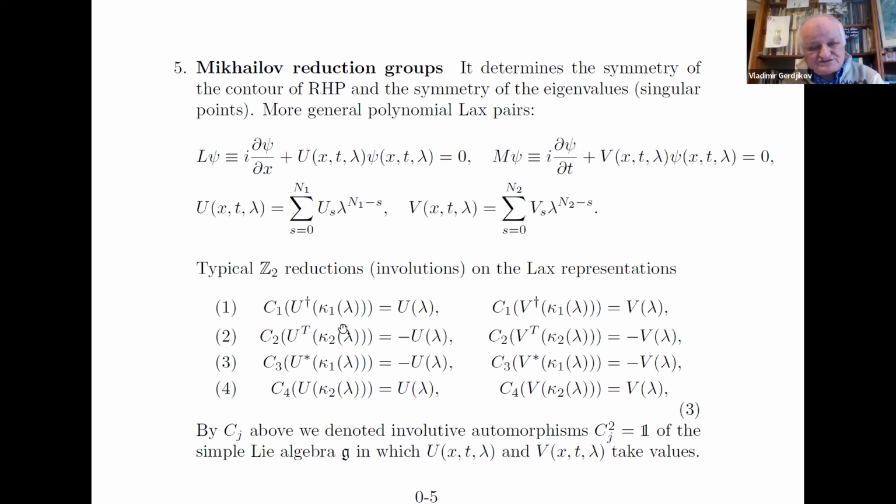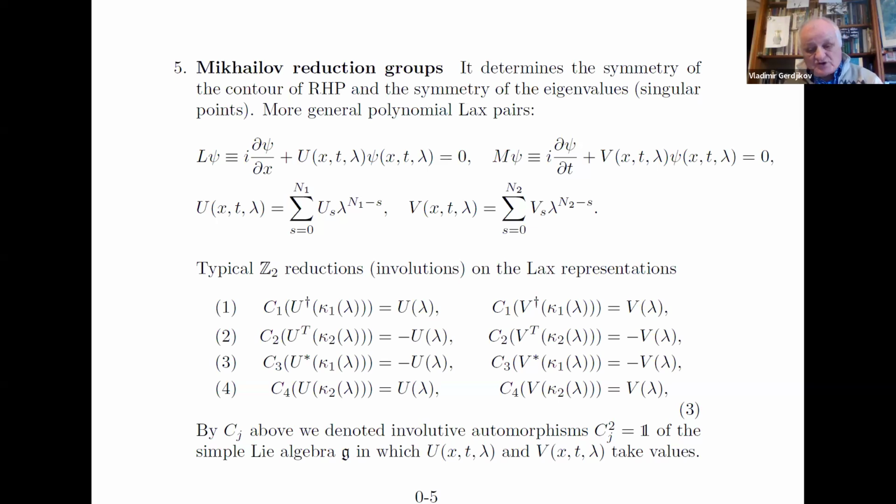And in this case, lambda will go into lambda complex conjugate. And we must get, again, the same U of lambda, which is determined here. And similarly for V. So we can have several types of involutions. So we choose one of them.